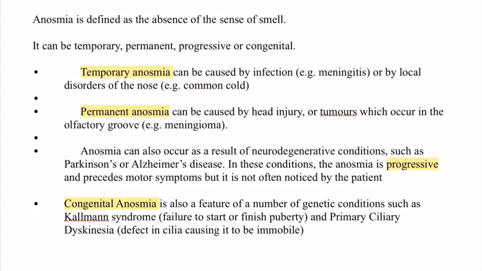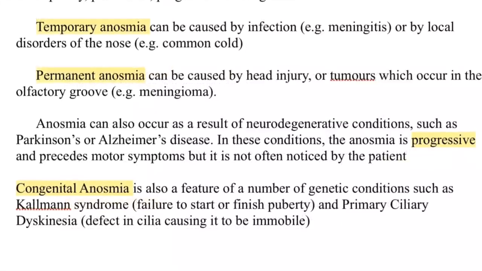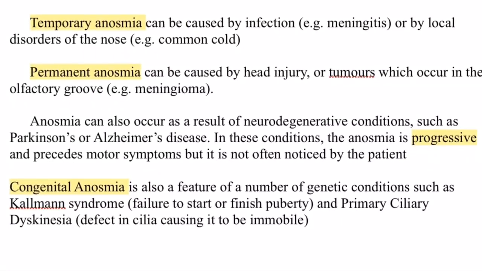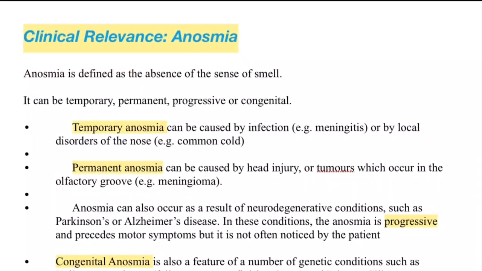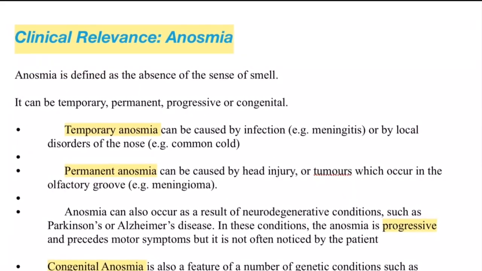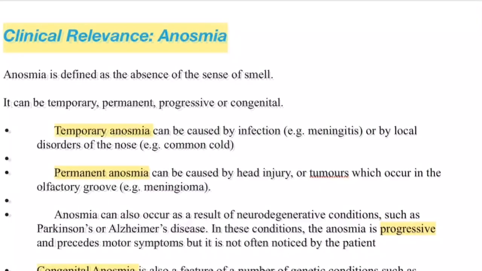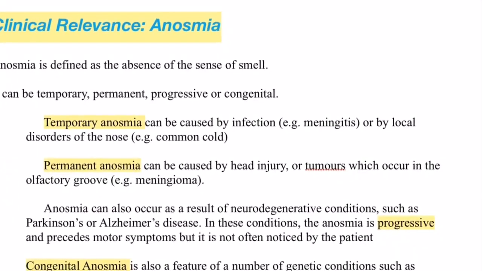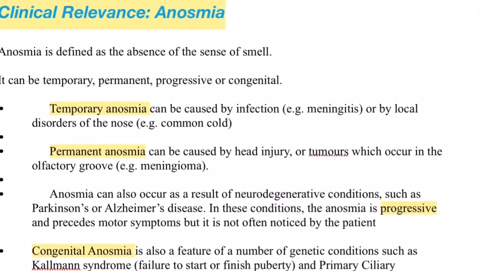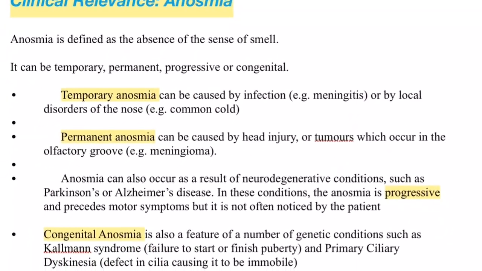Anosmia can also occur as a result of some neurodegenerative conditions, like in Parkinson disease or Alzheimer disease. In these conditions, the anosmia is progressive and precedes motor symptoms, but is often not noticed by the patients.